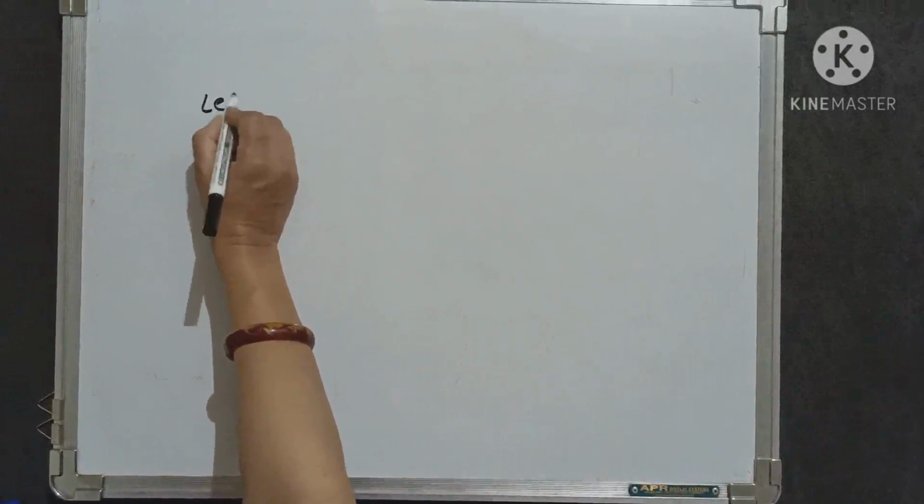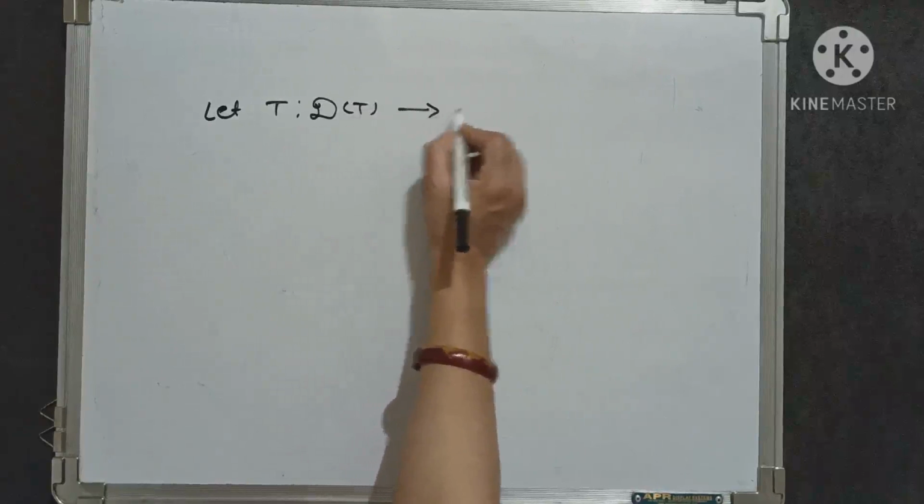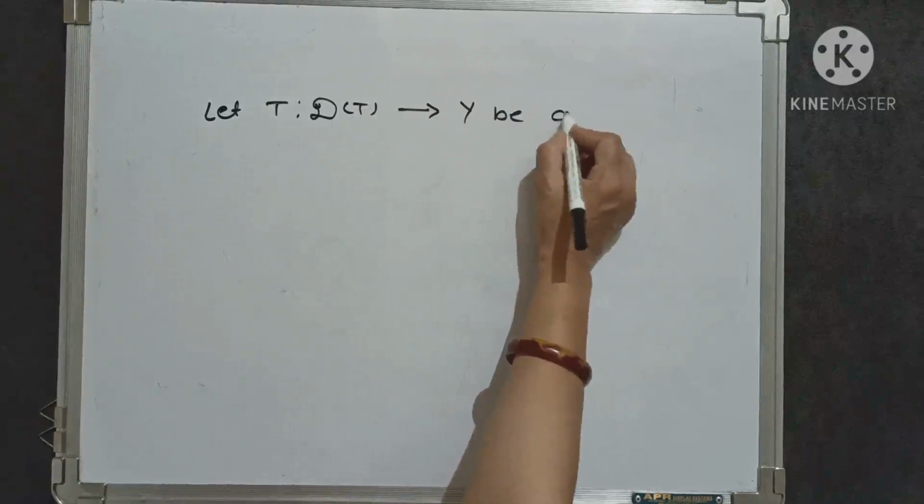Let capital T from script D of T to Y be a linear operator.